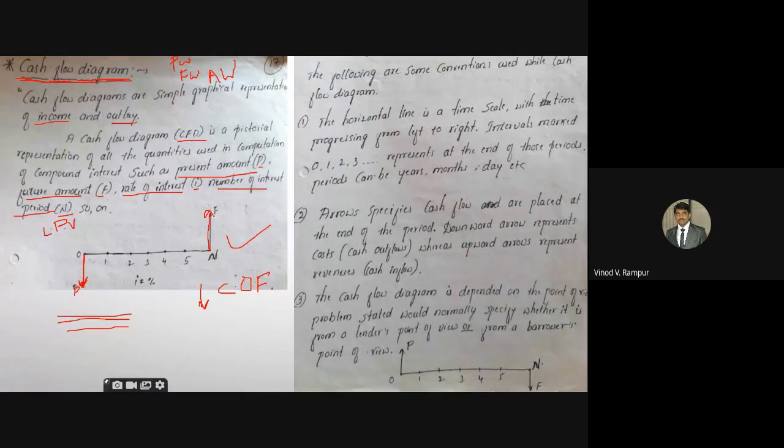It is inflow and outflow. A downward direction means giving the money, and an upward direction means getting the money from others. These are the two directions you have to remember. And the horizontal line indicates the time period N: 0, 1, 2, 3, 4, 5, and so on.